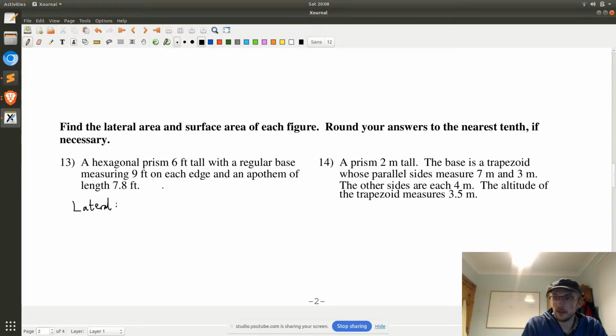9 times 6 squared. So 36 times 9. I beg your pardon, shouldn't that be 27 squared? So 729. And for the entire thing, did I do that right?